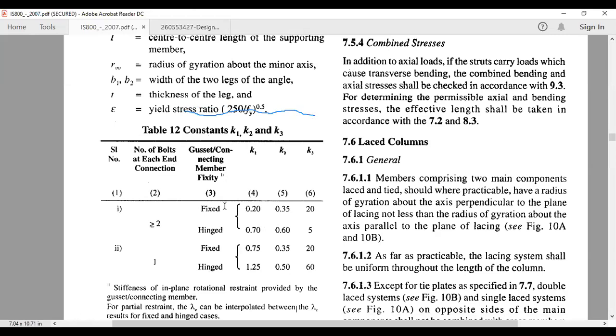Normally, we'll not go for bolts fewer than 2. We'll at least provide 2 bolts in our truss connection. So our values of K1, K2, K3 will be either from the fixed condition or the hinged condition, with the number of bolts being 2 or more.